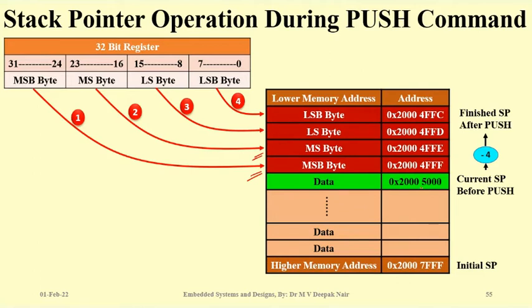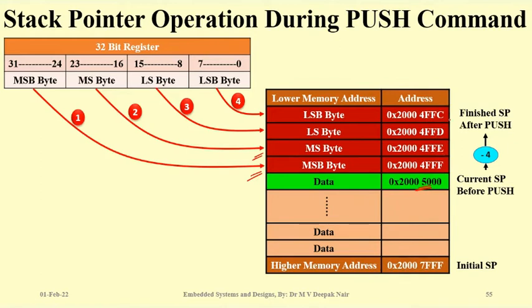If you see here, the starting address is 2000 5000. Suppose the stack pointer was pointing here before the push operation. After the push operation, it will go upward, as we know. The address will be decrementing: 2000 4FFF, then 4FFE, then 4FFD, and then 4FFC.